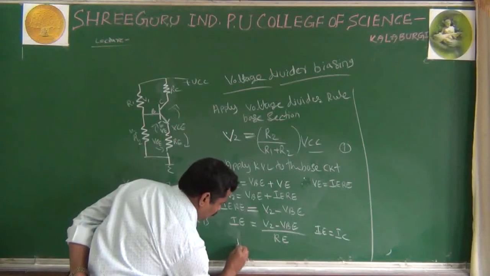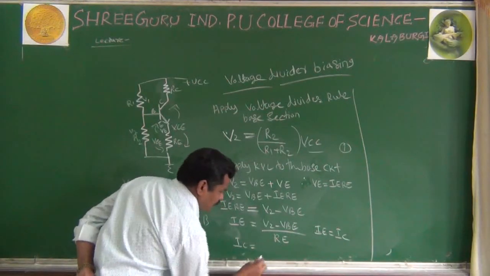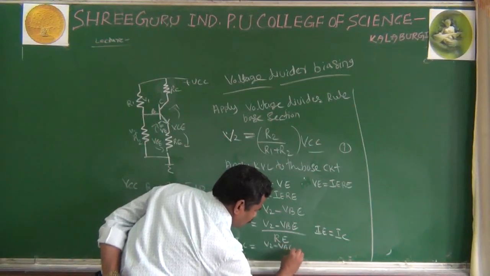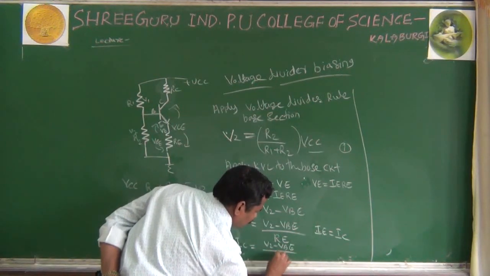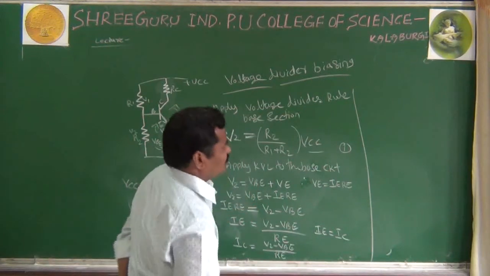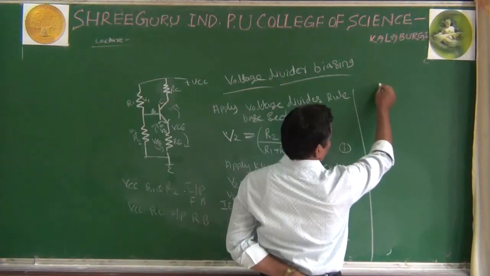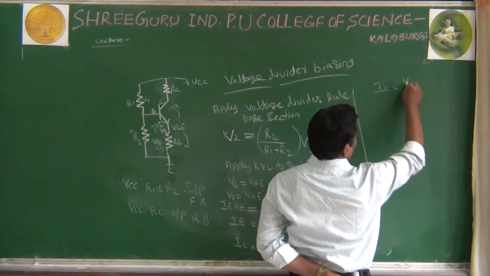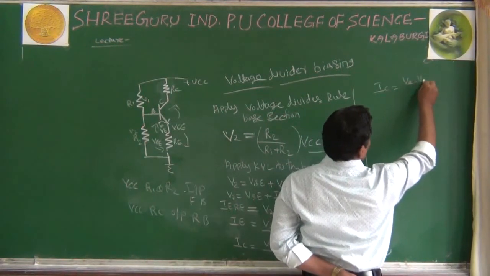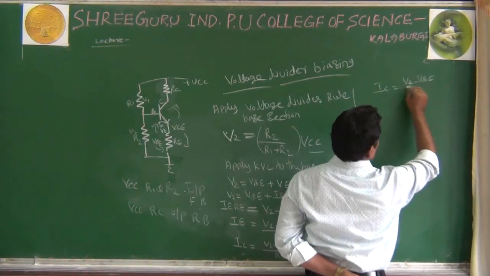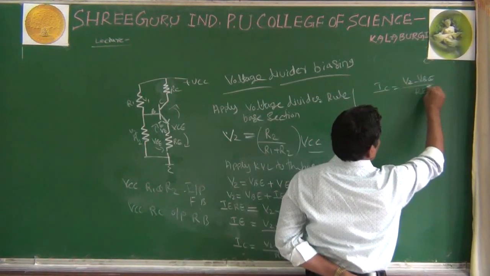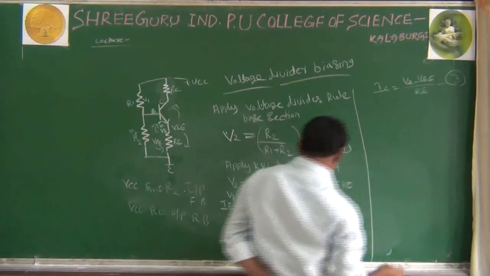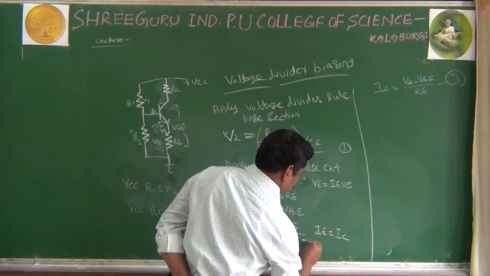That becomes IC equal to V2 minus VBE divided by RE. This is equation number 3. This is equation number 2.